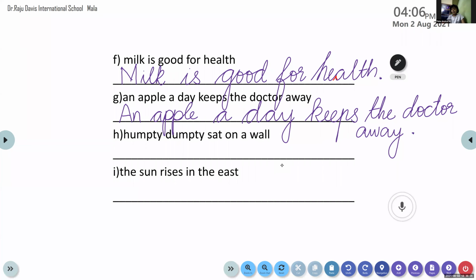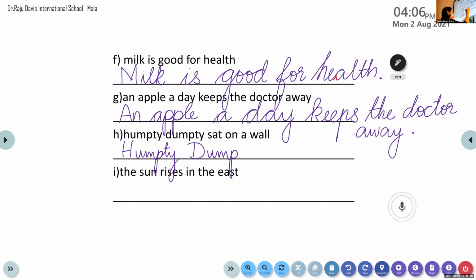Humpty Dumpty sat on a wall. Yes, Feba. Humpty Dumpty sat on a wall. So what do we have to do? H should be in? Capital letter. Very good. Humpty. Then? Dumpty. So D should be in? Capital letter.